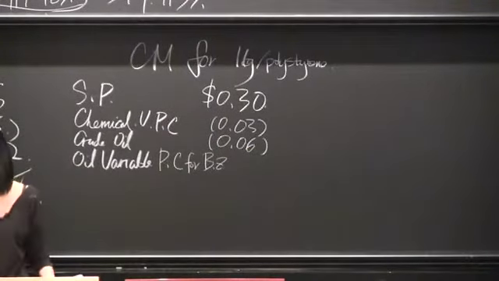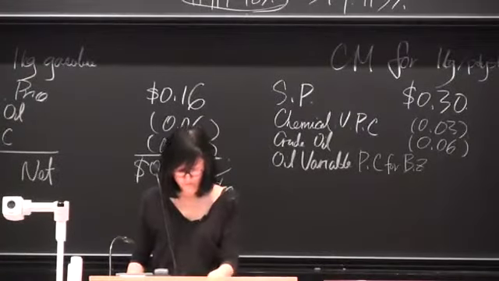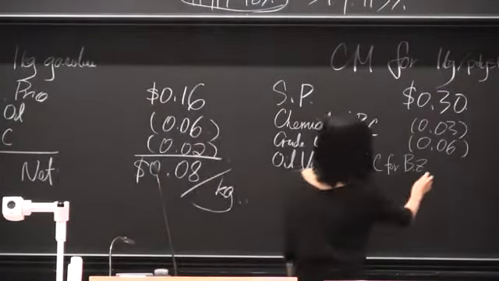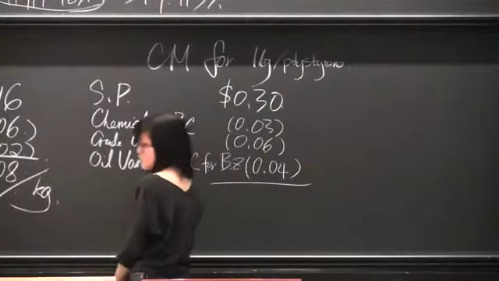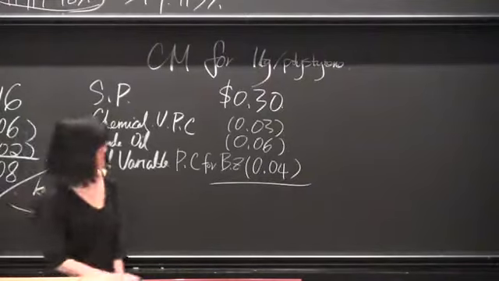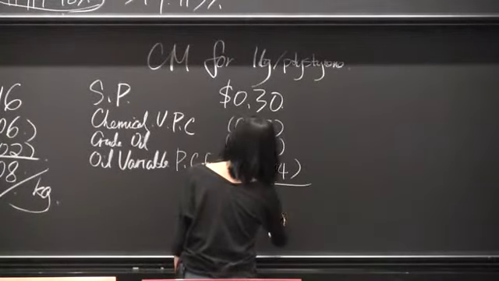And the oil variable production cost, which is on the bottom, which you can see is 4 cents. If you subtract those, it will give you 17 cents per kilogram.